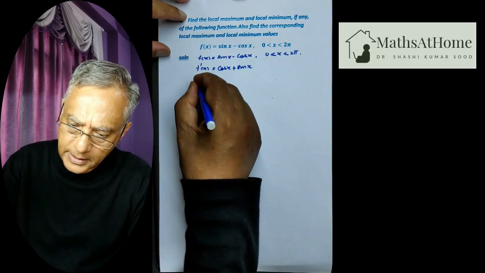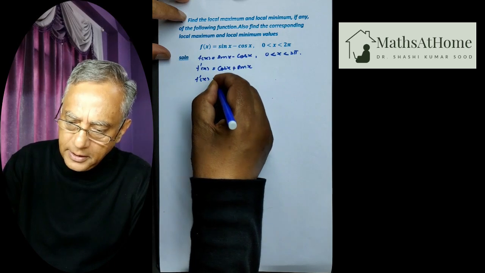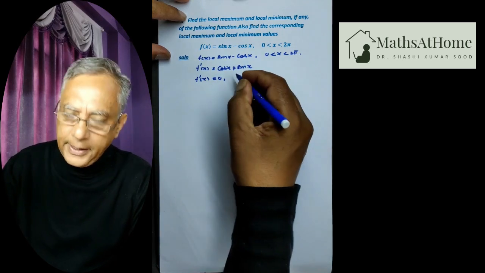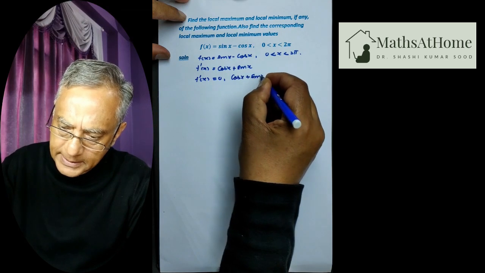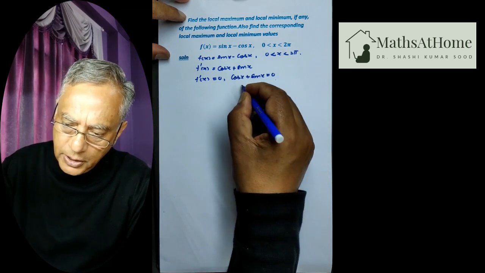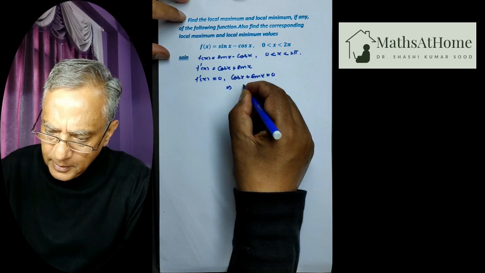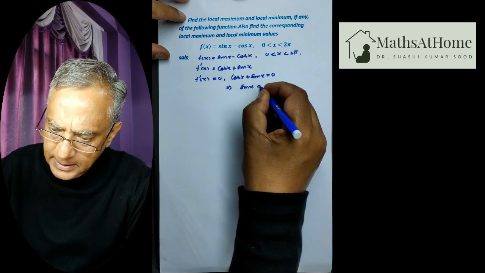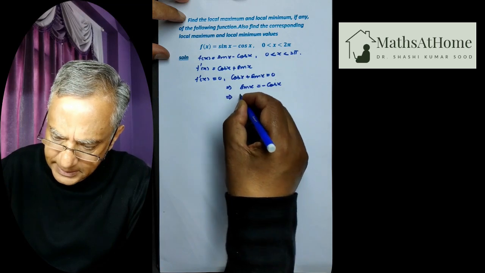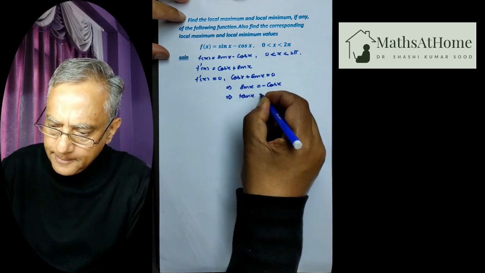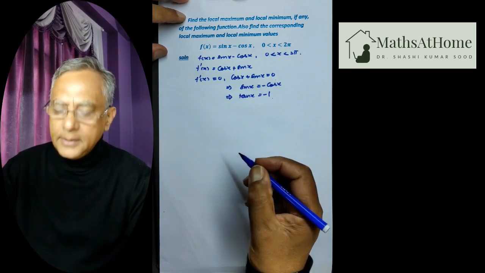We put f dash x equal to 0 to find the critical points. So cos x plus sin x is equal to 0, and this implies sin x is equal to minus cos x, and this implies tangent of x is equal to minus 1.